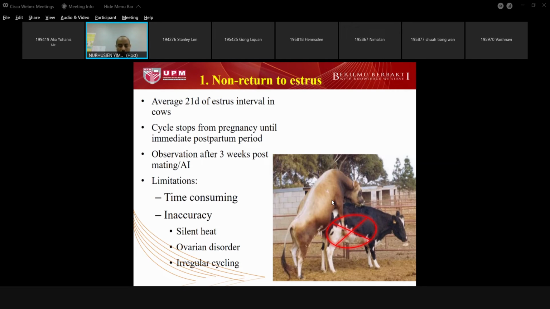So after 21 days post AI, if you see the cow being mounted by another animal in a standstill position, then definitely this cow is not pregnant. She's coming back for another cycle, and you have to plan another breeding, another insemination, from this time onwards.